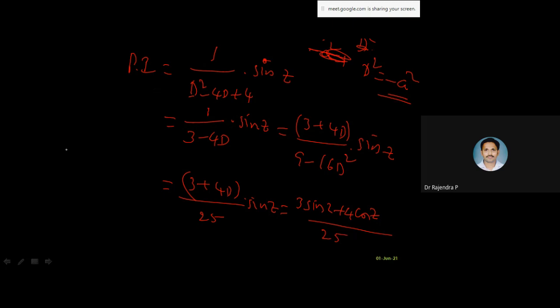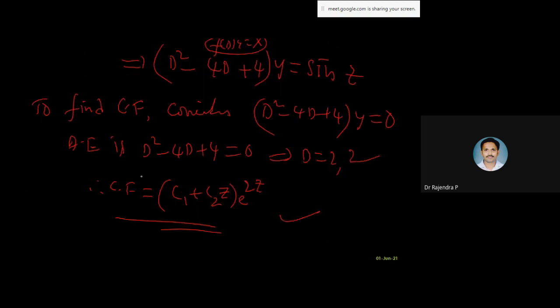Correct? So if you want, you can split it. Your particular integral will be equal to 3 by 25 sin z plus 4 by 25 cos z.